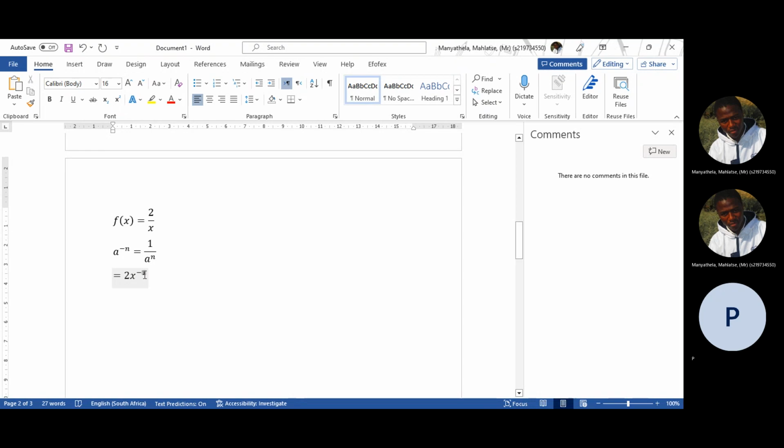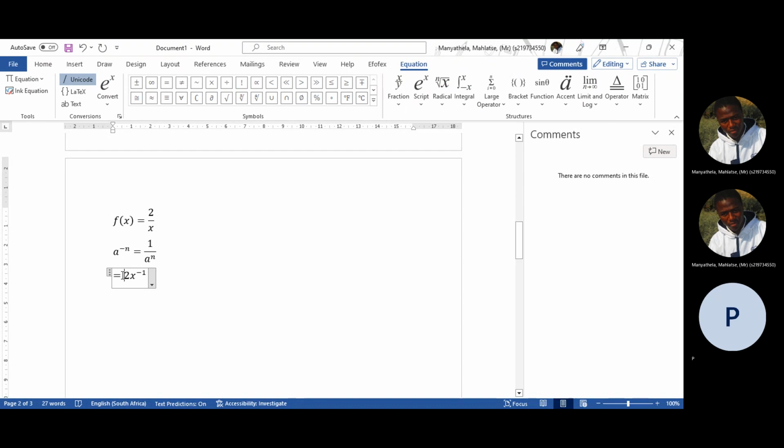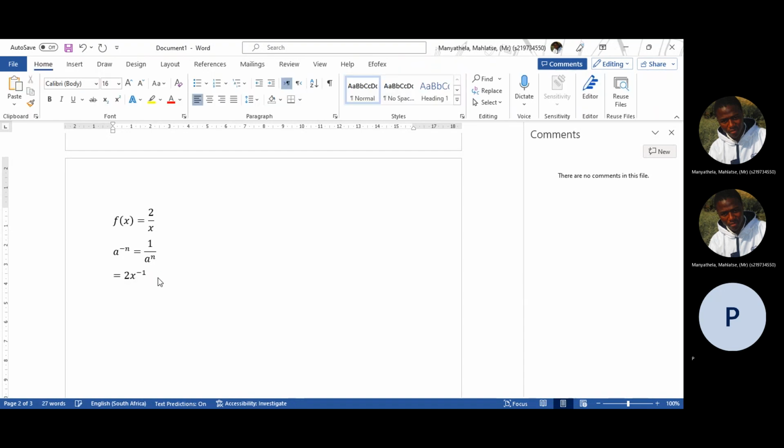We know that when you're using rules, this power will come and multiply a, and then from the power we are going to subtract 1. So on the next step, you will take that negative 1 to multiply 2, and then from negative 1 you subtract 1.